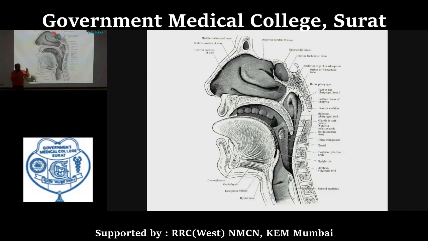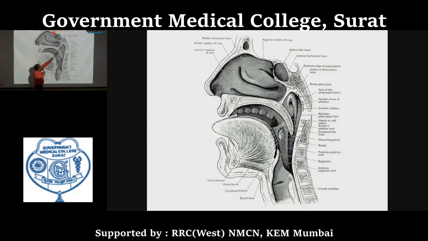Now, anteriorly, as I've told, this upper part of the pharynx has a communication with the nasal cavity, this middle part has a communication with the oral cavity, and this lower part has a communication with the laryngeal inlet.